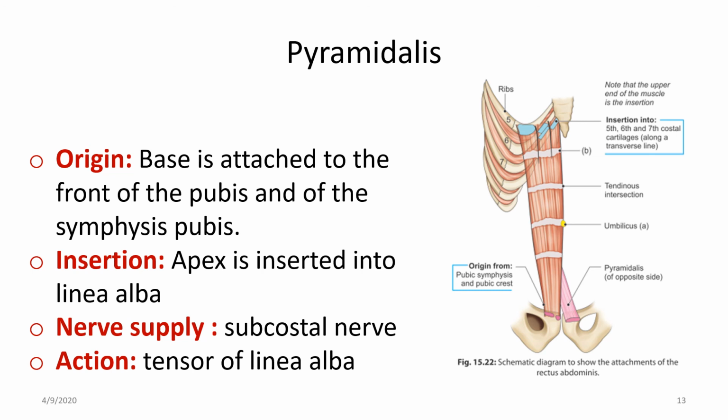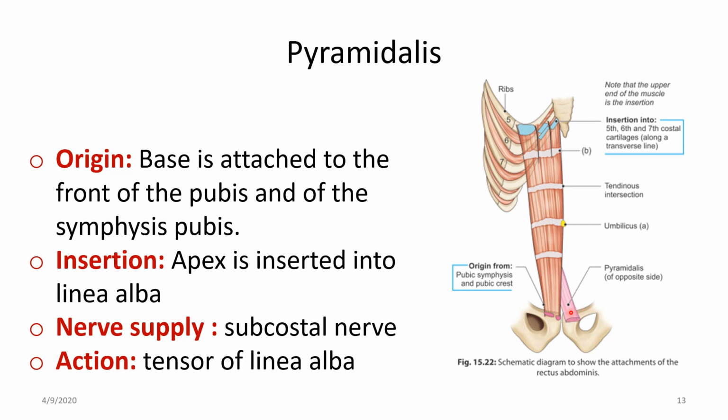Now let us see the origin, insertion, nerve supply, and action of the pyramidalis muscle. The pyramidalis is a triangular muscle. So we have a base, that is the origin, which is attached to the front of the pubis and the pubic symphysis.